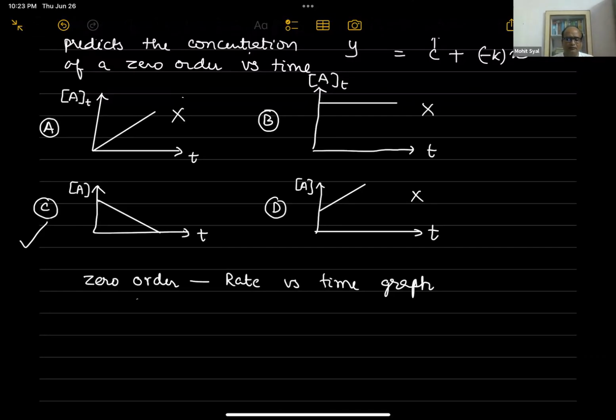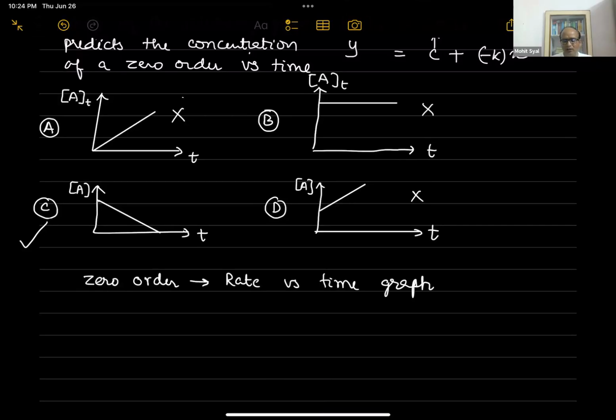For a zero order reaction, as the time progresses, how does the speed of the reaction change? Tell me quickly.